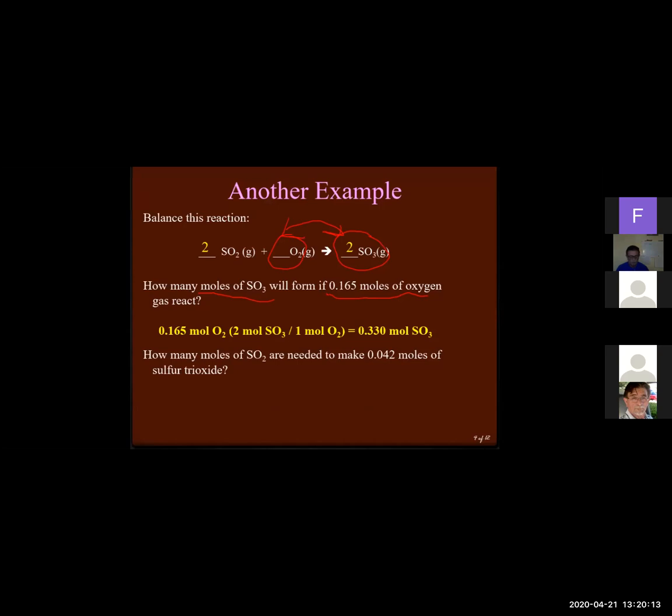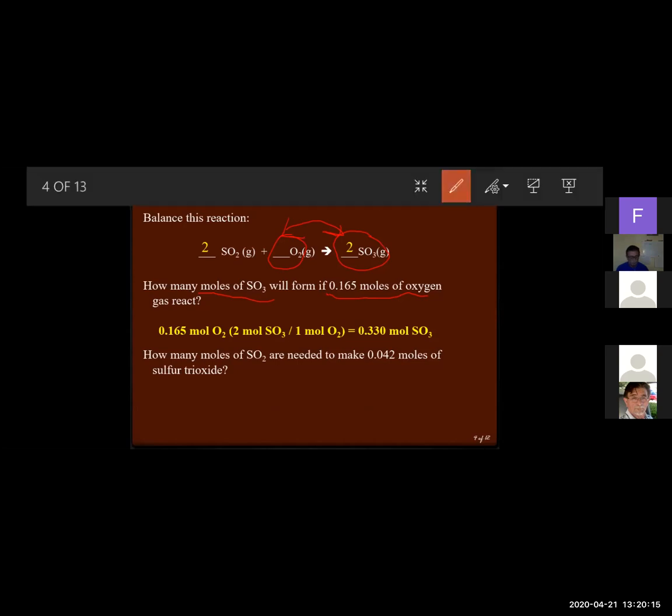We write down what we're given, which is this. This comes from the balanced chemical equation because we're looking for sulfur trioxide. It's in the numerator. Notice that my oxygens unit-wise cancel, leaving us with 0.330 moles.